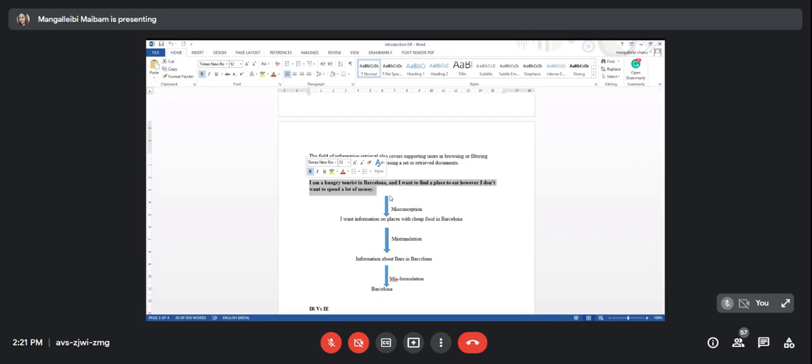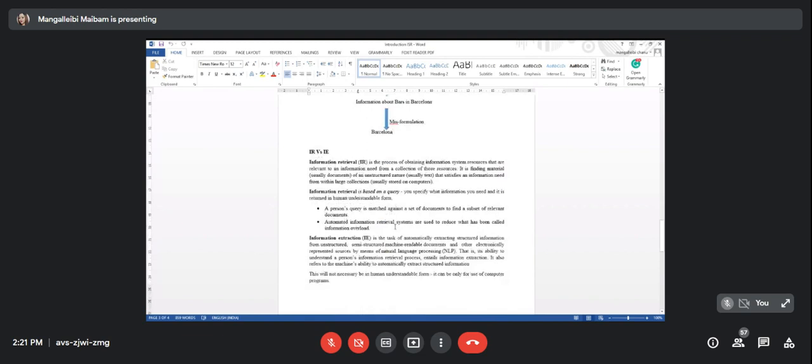However, I don't want to spend a lot of money. And the final result retrieved here is Barcelona. So this is the problem we face if we don't understand the user properly. This will be overcome with certain techniques used here for information retrieval.